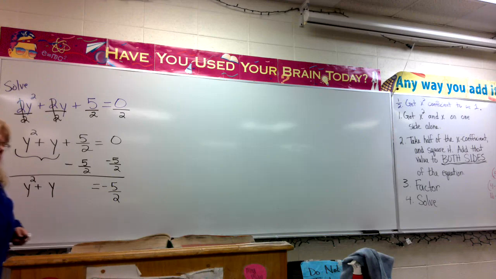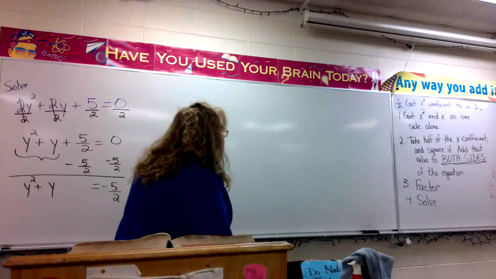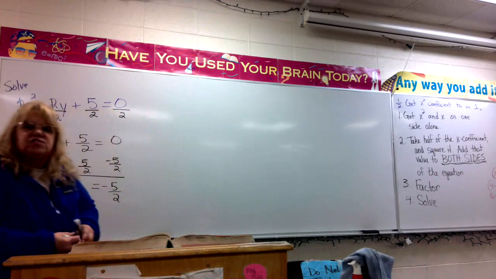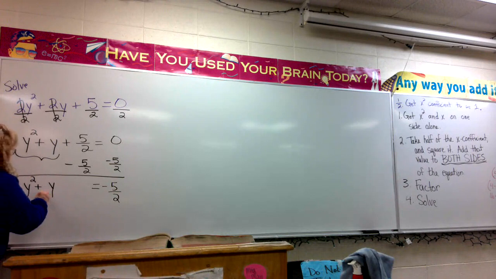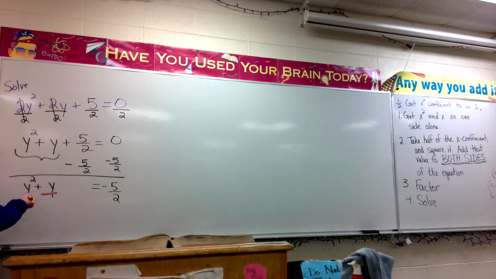Step 2, take half of the x coefficient. Well, in this case, it's a y coefficient. Here's the y right here. What is the coefficient on it? Don't we assume it's a 1? So you want to take half of 1.